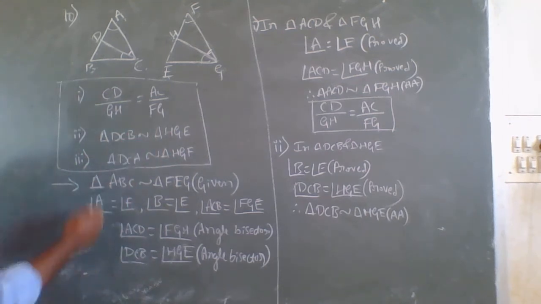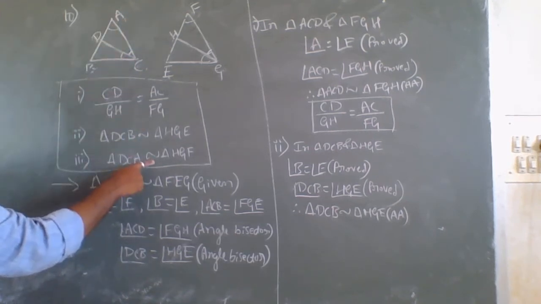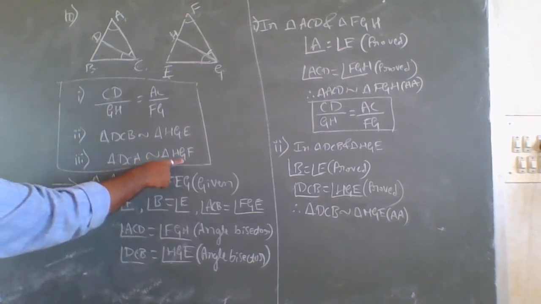Then the third one, what is given here? Triangle DCA is similar to triangle HGF.